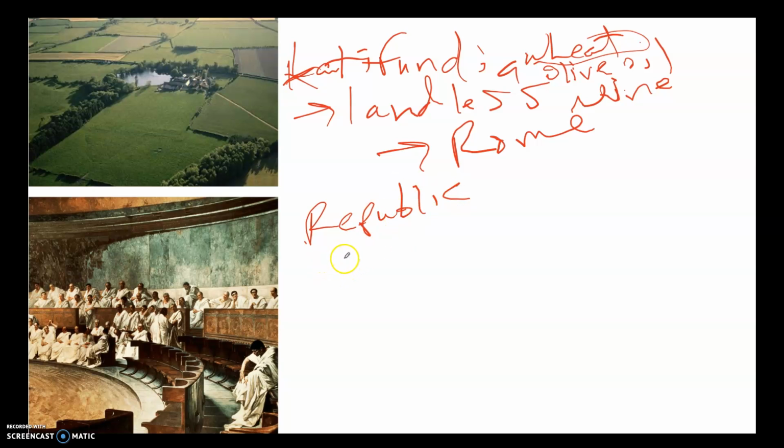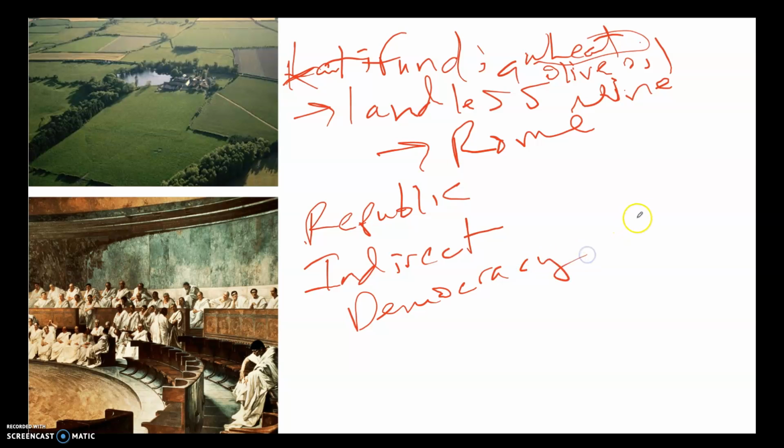And then lastly, another important part of Rome that we're going to look at is the Roman Republic. Voting for political office. So people would vote for senators or whatnot in an indirect democracy. As you recall, Greece, Athens was a direct democracy. So people directly voted on issues impacting Athens. And remember the asterisk.